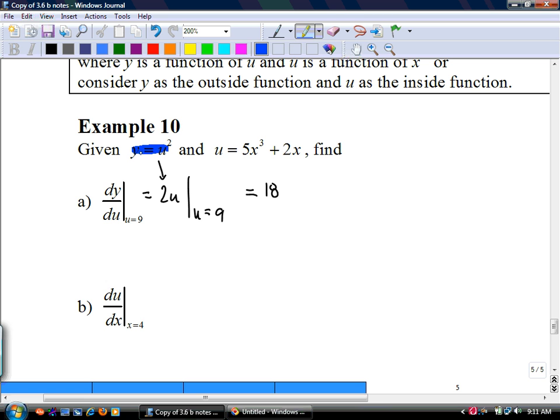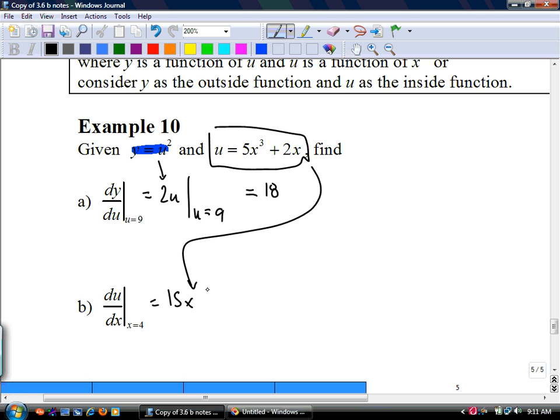Just take the derivative of this. 15x squared plus 2. Put 4 in for x. 15 times 16 plus 2. 256 minus 16 is 240, 242.